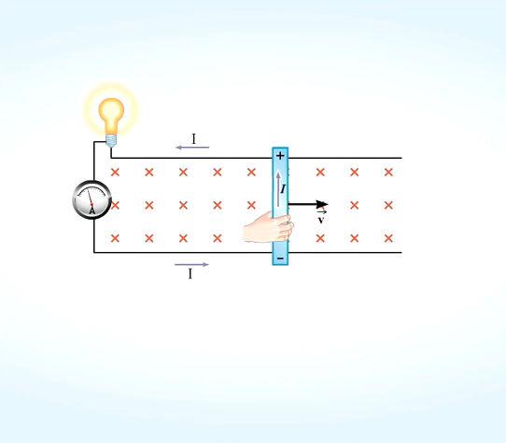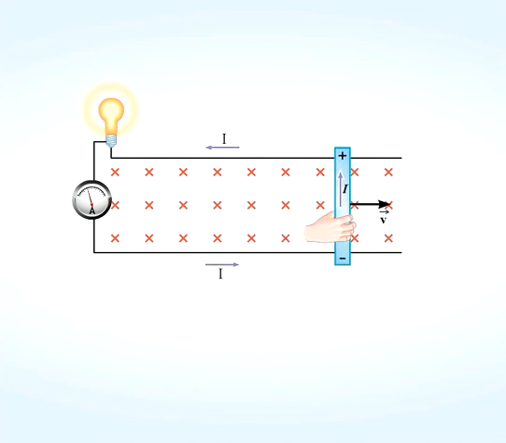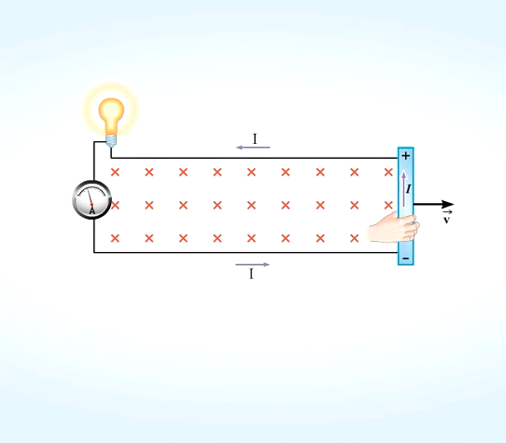This will produce an induced EMF. This induced EMF is called a motional EMF because it is only produced if the rod is moving. This EMF will then produce a current in the circuit and the light bulb will light up.